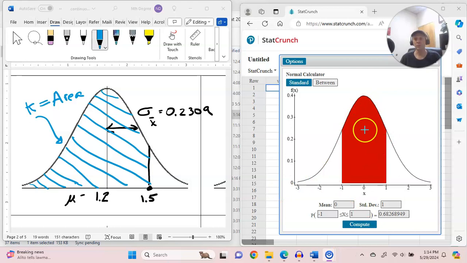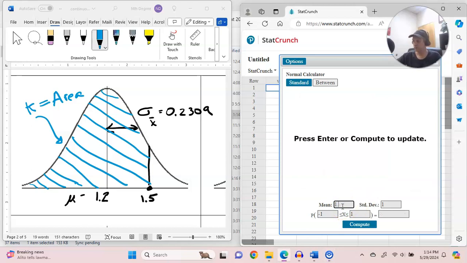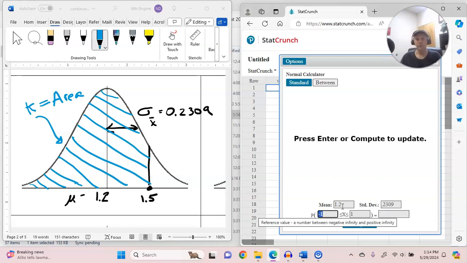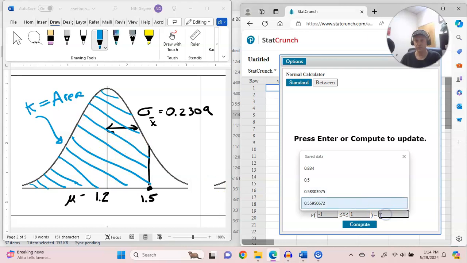All right, I've opened up the normal calculator over here. And by the way, we can enter in the mean, 1.2, and the standard deviation, in this case a standard error, 0.2309. We're being asked for an area or a percentage or a proportion, so that's the field we leave blank. Therefore, we need to give it a minimum and a maximum.